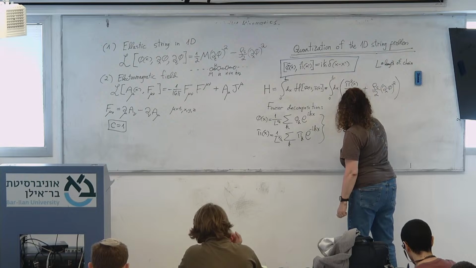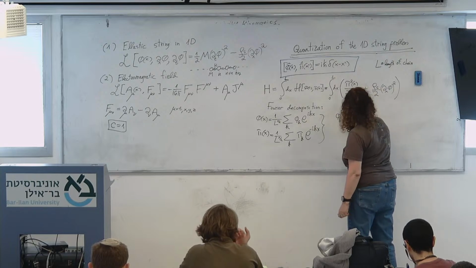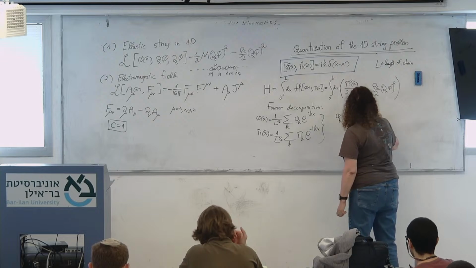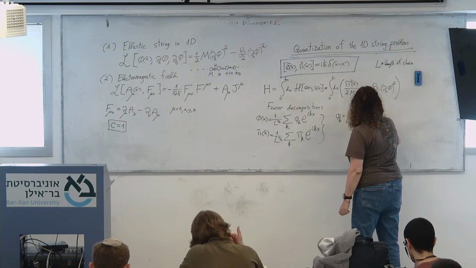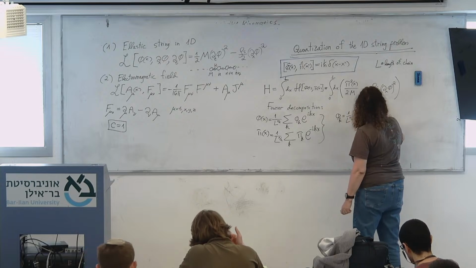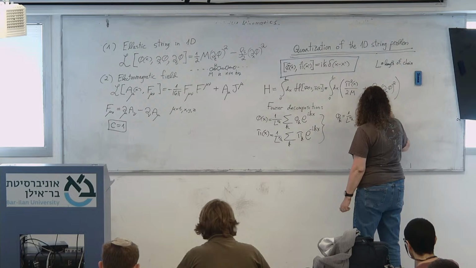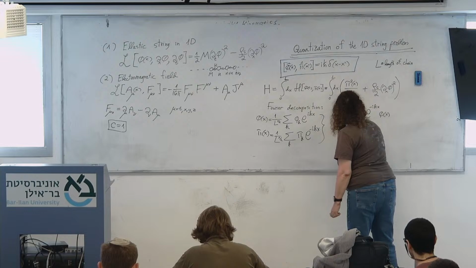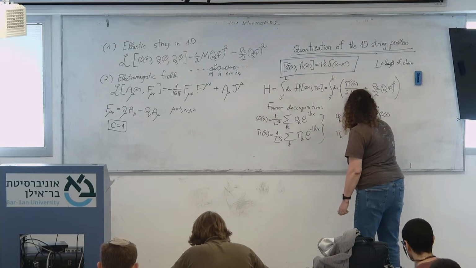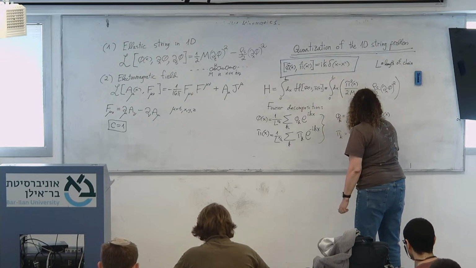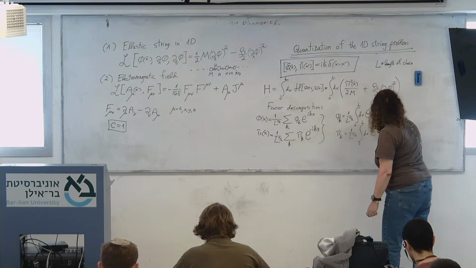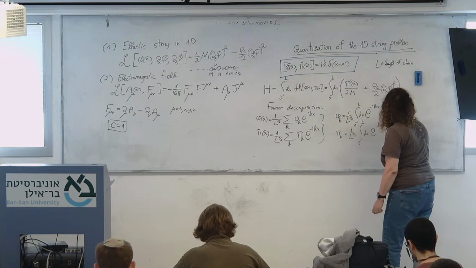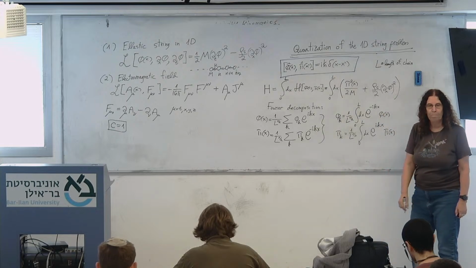So phi of k is going to be the integral of e to the minus i kx times phi of x, and pi of k is e to the plus i kx times pi of x.